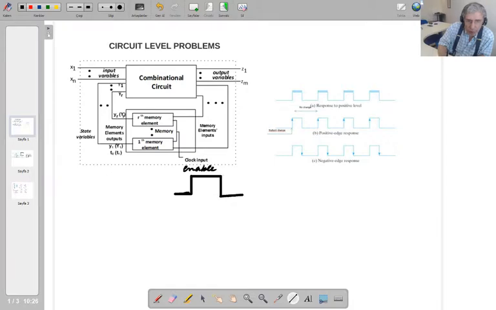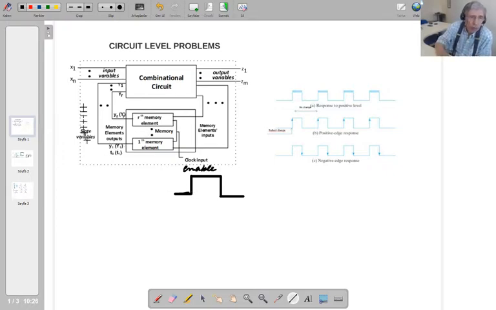I'm going to show you within this infrastructure the toggling problem, the problem that we face with JK type and T type memory elements, and it happens here in a slightly different way. So this has got a problem as well. Due to this infrastructure, there is an additional problem again.